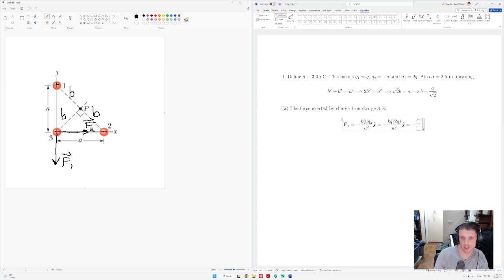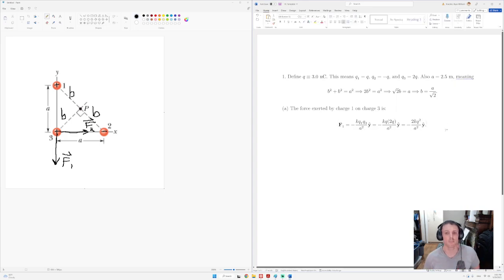We can write that this is negative 2kq squared over a squared in the y hat direction. A negative number in the y hat direction, right? Which means it's pointing down. And this should be good, right? So I think that's all there is to this part here.